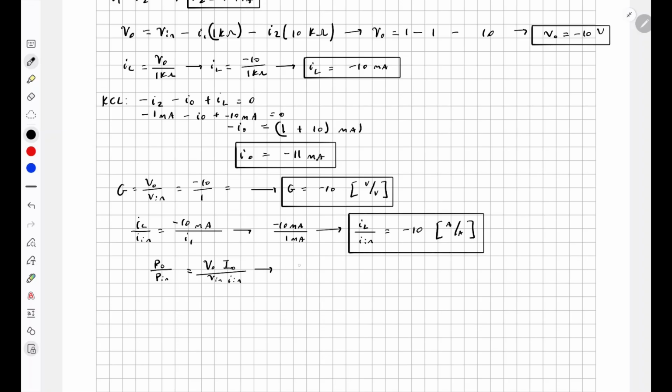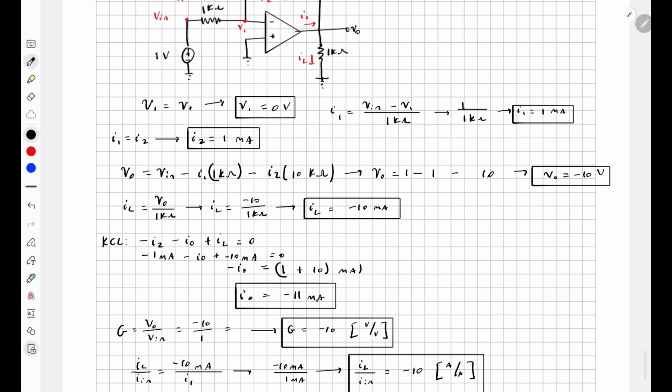So V out is negative 10 times I out is negative 11 milli, divided by V in is 1 and I in is 1 milliamp.